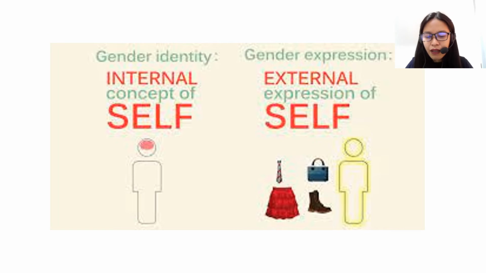You cannot readily express your I self because there may be certain points in your life that may inflect your expression of what your gender identity is. So I'm reflecting that gender identity itself is your internal self, and your gender expression is your external expression.